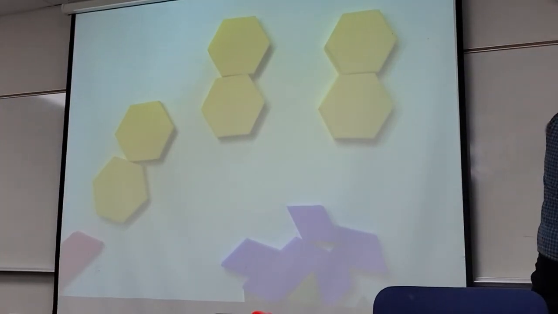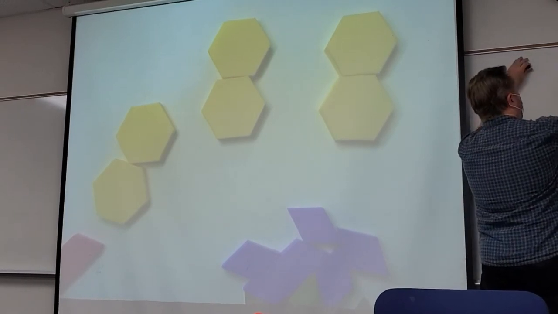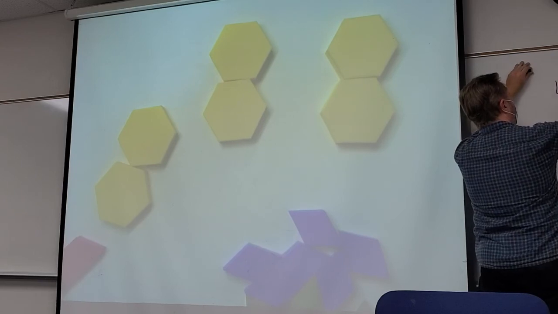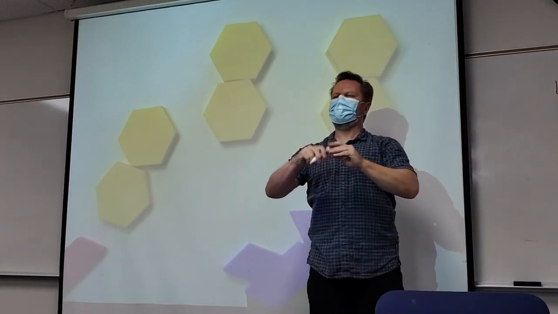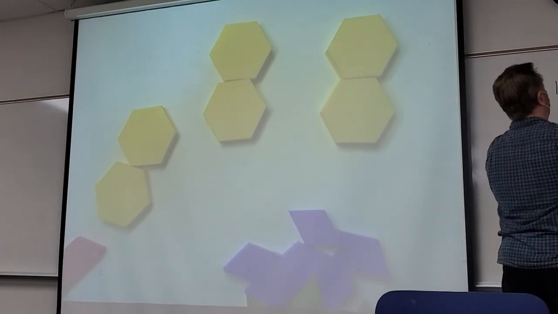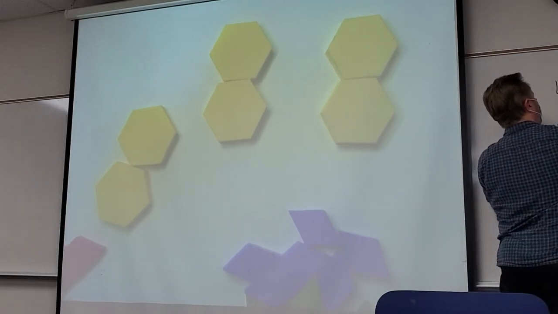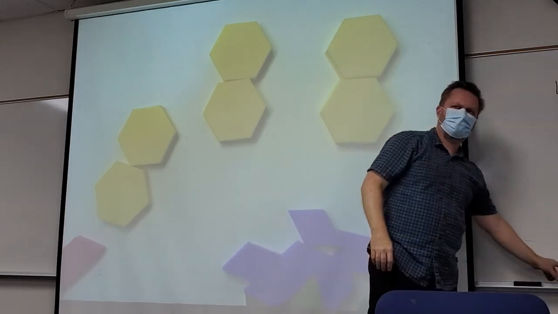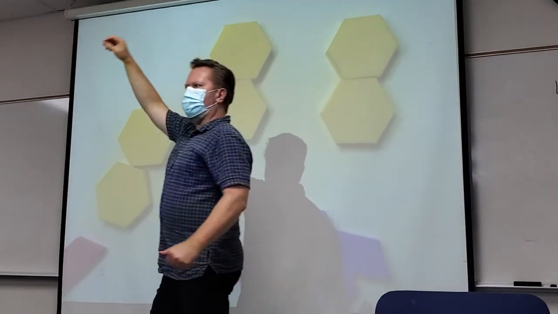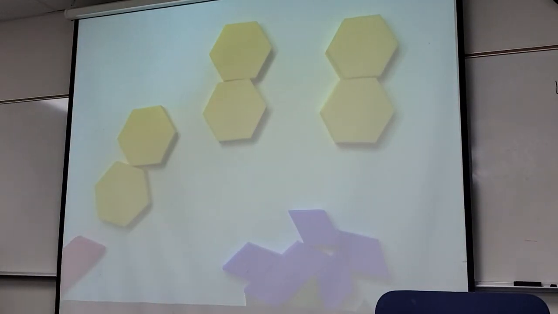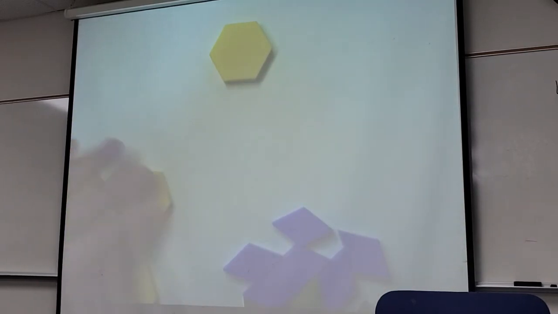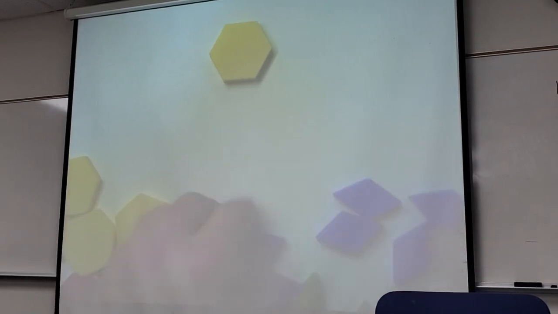Can you guys do 1 and 5/6? Let's try some subtraction. 1 and 5/6 minus 2/3. Try to represent 1 and 5/6. 1, and 1, 2, 3, 4, 5, 6.